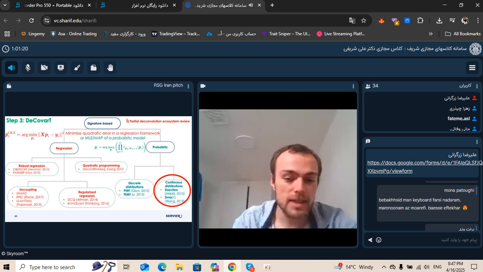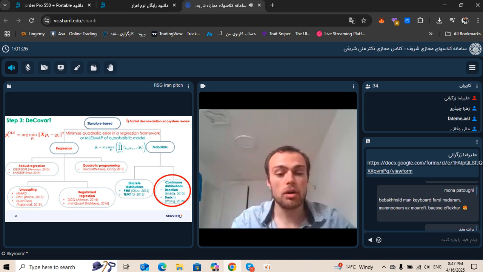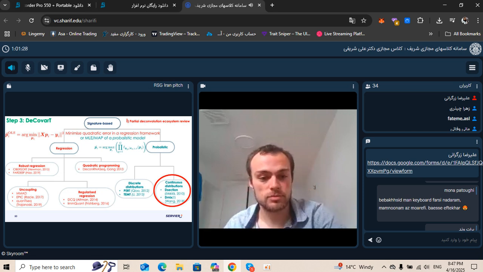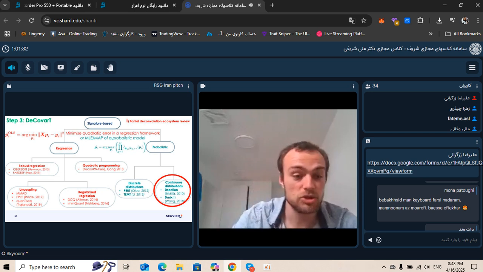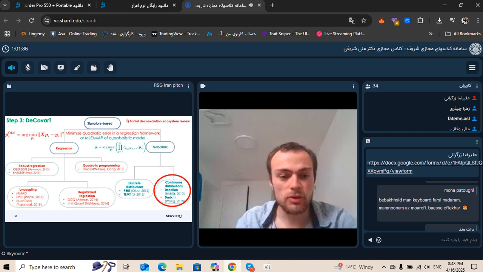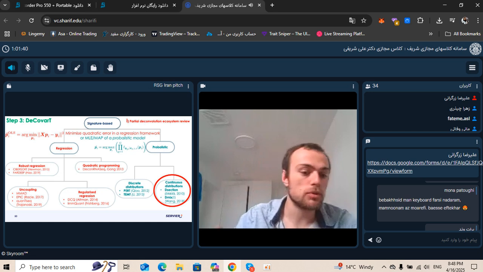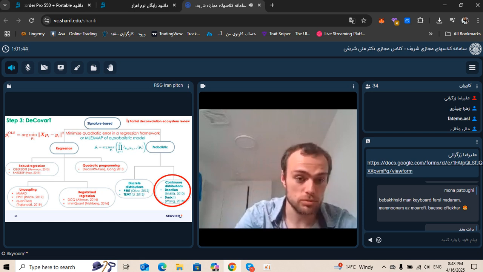To be even more specific, you can either consider discrete distributions, so you start at the count level, or continuous distributions. Since we are considering multivariate Gaussian distributions, which are continuous, the covert falls under that category. So far, up to my literature review, I was only able to come up with 2 or 3 deconvolution algorithms that consider this continuous approach.